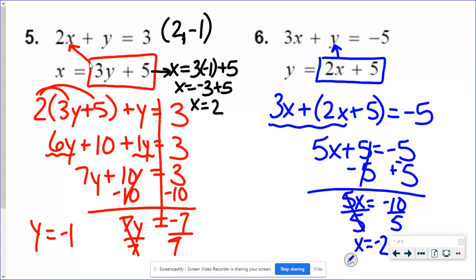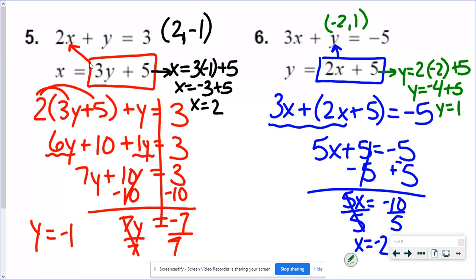If the x is -2, I could come right here and say, then the y is going to be 2 times -2 plus 5. So -4 plus 5 gives me that the y is equal to 1. My ordered pair, again, x, y, -2, 1.